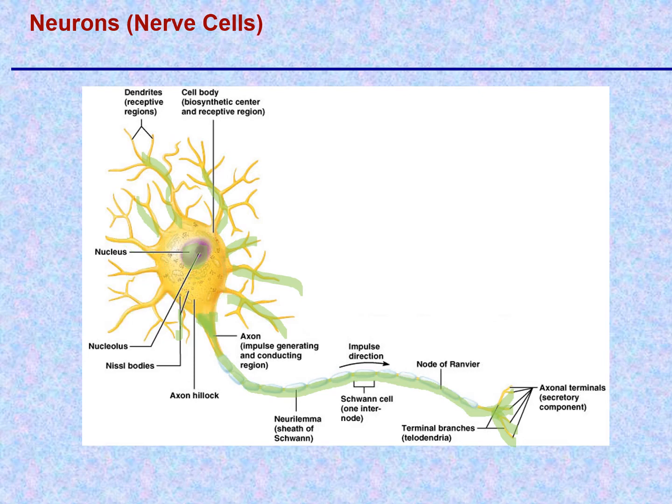So what we have is a cell that can receive incoming signals via the dendrites, or sometimes on the surface of the cell body, and if it gets stimulated enough, it will send an impulse or a signal out along its axon all the way to the end.